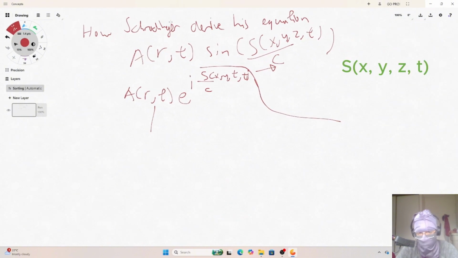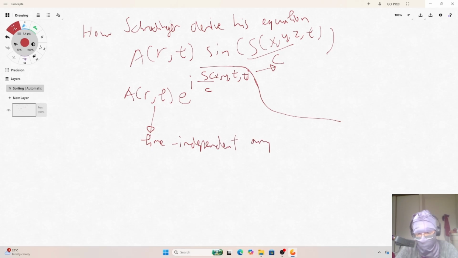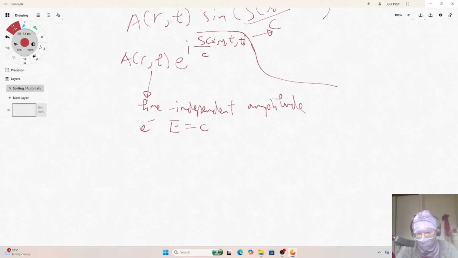Secondly, Schrodinger was interested in electron waves that had time-independent amplitude, meaning stationary solutions. So he said that if an electron had constant energy, the wave amplitude shouldn't fluctuate with time.